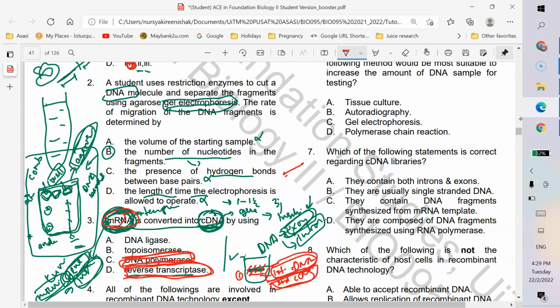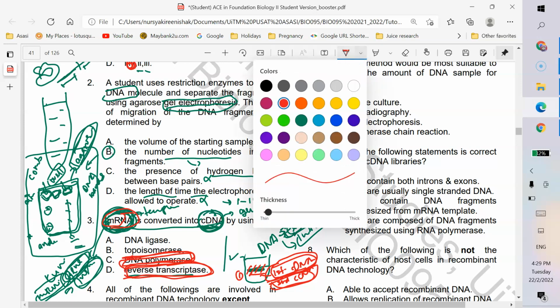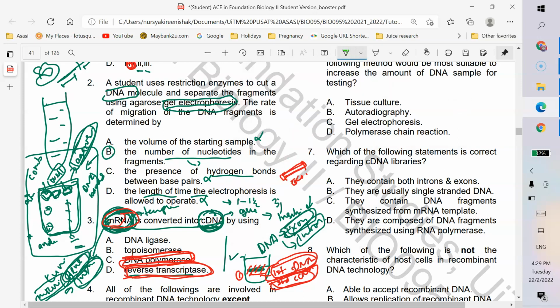So cDNA ni is actually a double-stranded molecule of DNA that you produce from mRNA that only has exon, that only has the coding region. So this DNA fragment, then only you can insert into a plasmid. You insert into a plasmid, sebab plasmid pun double-stranded kan.